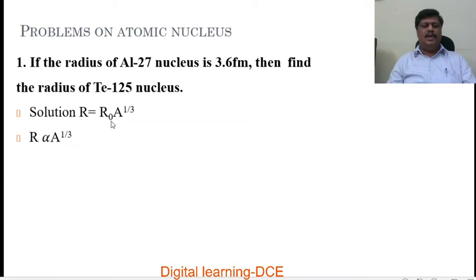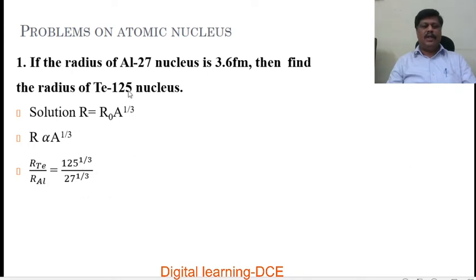Its value is nearly 1.3 femtometer or fermi. Since R0 is a constant, the radius of the nucleus is directly proportional to A^(1/3). Therefore, R_Te over R_Al is equal to (mass number of tellurium over mass number of aluminum) to the power of 1/3.